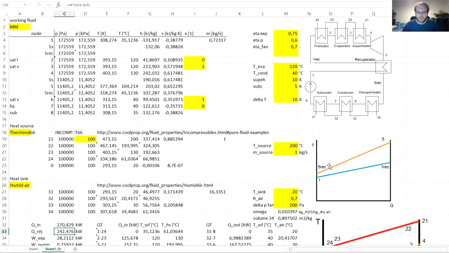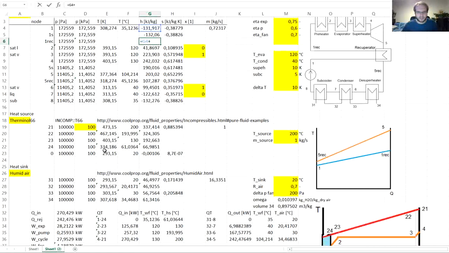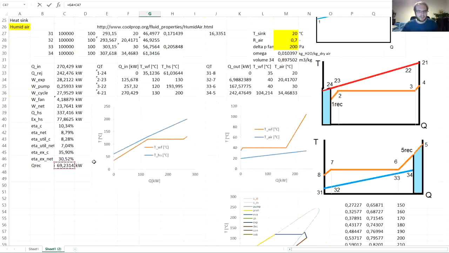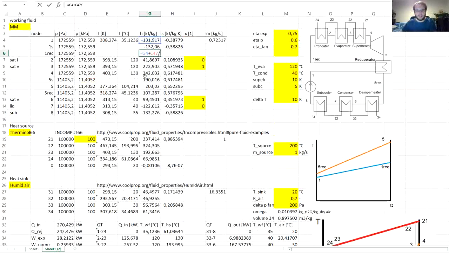Now we can also get the point 1 recuperated from the balance of the heat exchanger, where the point 1 recuperated needs to be the point 1 plus the enthalpy increase, which is the recuperated heat divided by the mass flow rate.